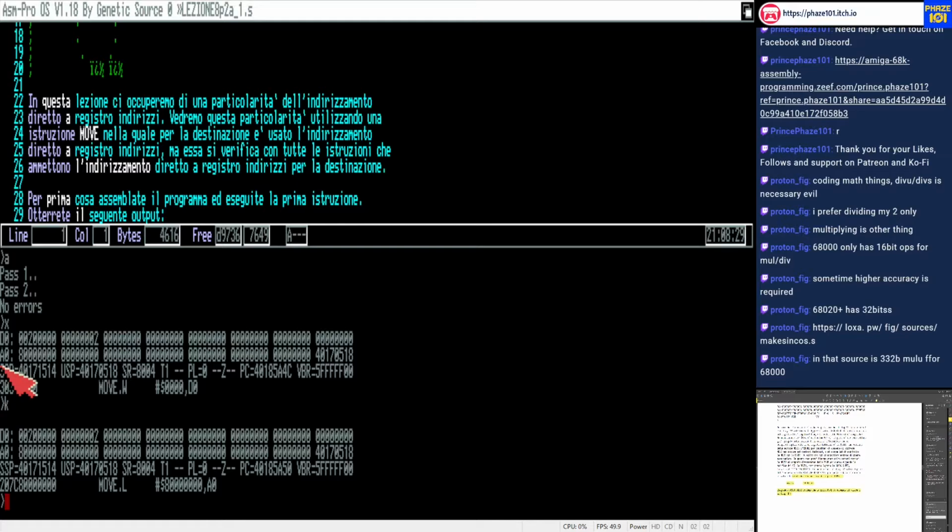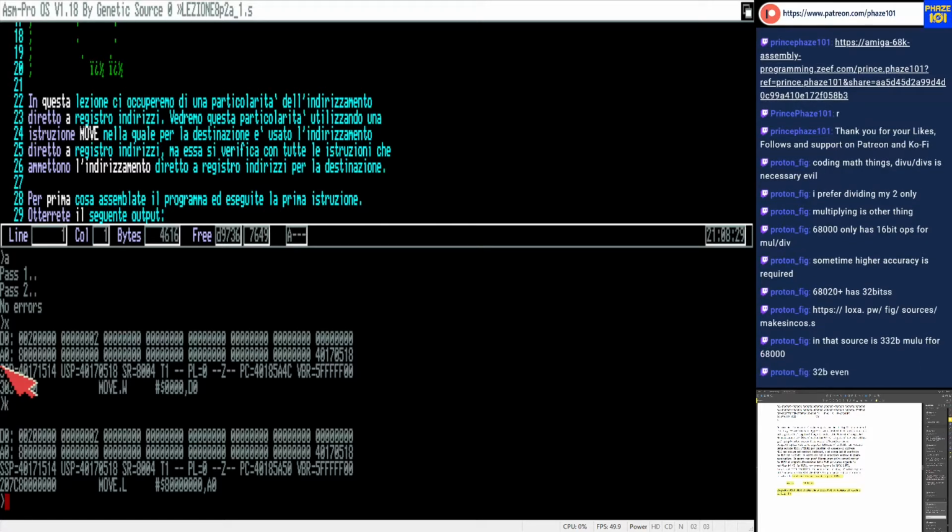Now we are going to move 8 and 7 zeros into 80, and notice what is going to happen. Remember it's a move A, so the assembler is converting the move.long into move A, and because it's an address register, the move is a long no matter what.